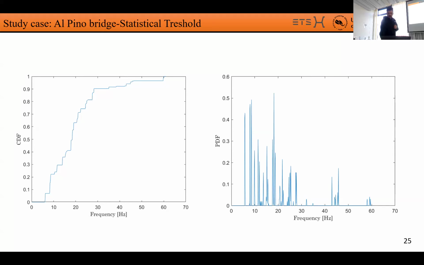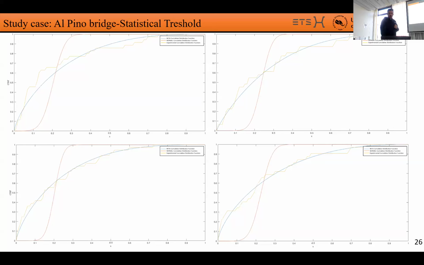So for doing that, the first thing was to obtain a distribution function that could fit all the peaks in the PDF. So I took all the peaks on the PDF, I calculated the experimental CDF, and I tried to find a good CDF to fit these values.